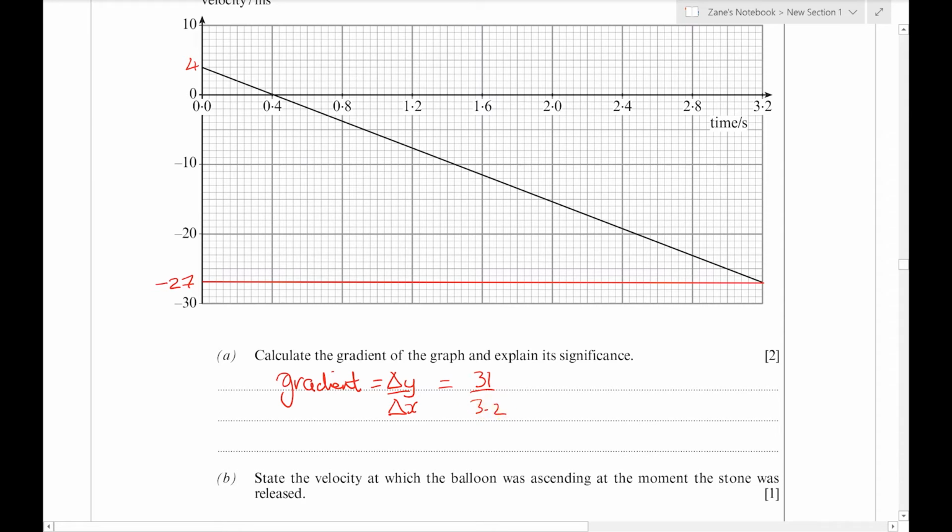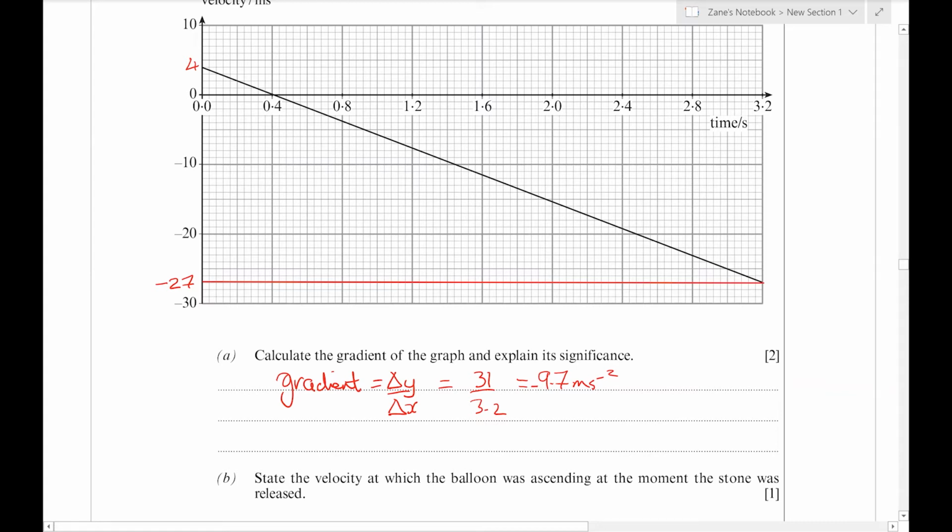If we do that on a calculator, we don't need too many significant figures here. So 31 divided by 3.2 will give us 9.7 meters per second squared. Technically, this should be a negative answer, but the exam board aren't too worried about signs or number of significant figures, so I'll just put a little minus sign at the front to be mathematically correct.